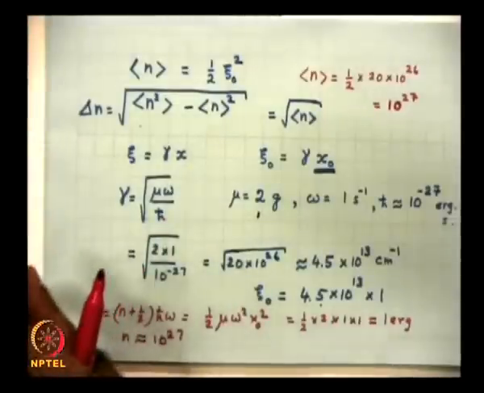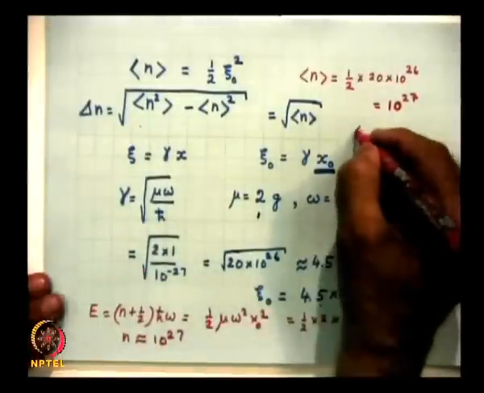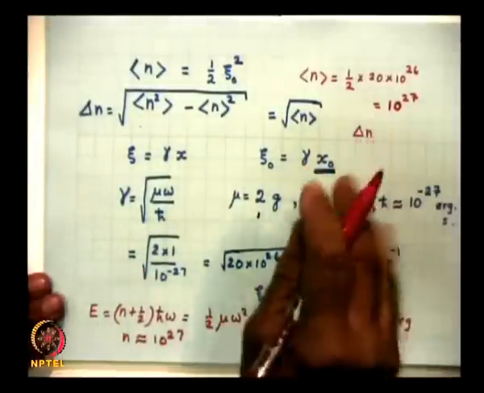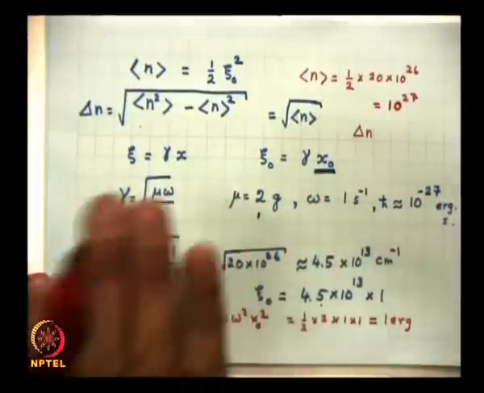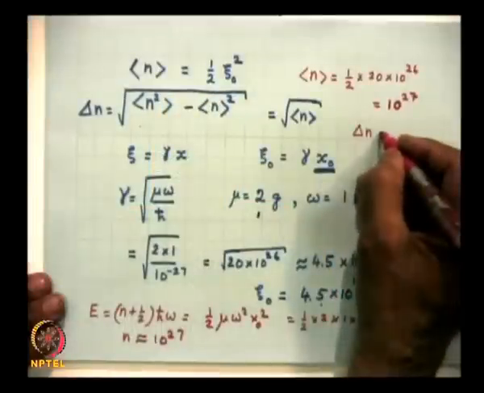This is actually what I am discussing, Bohr's correspondence principle, that in the limit of classical mechanics we have extremely large quantum numbers. And then how many states? The delta n, the number of states which are approximately getting excited around 10 to the power of 27, is the square root of that.